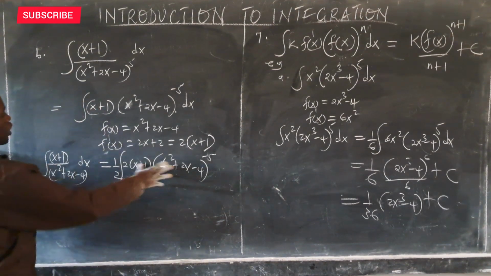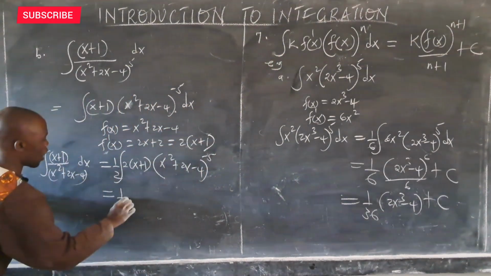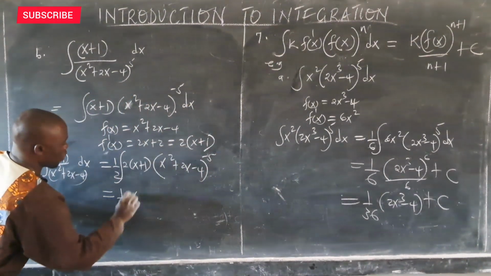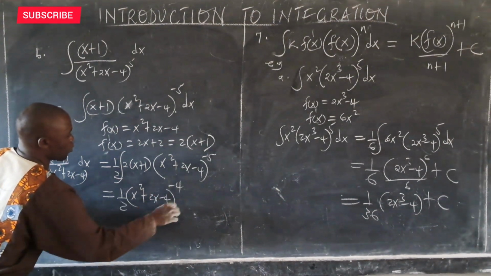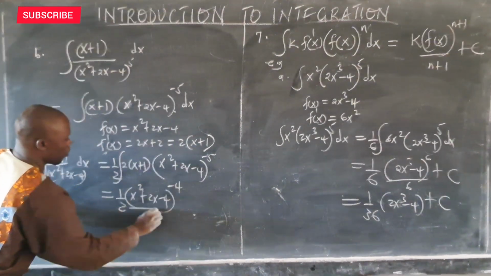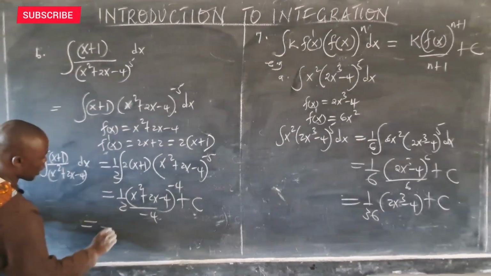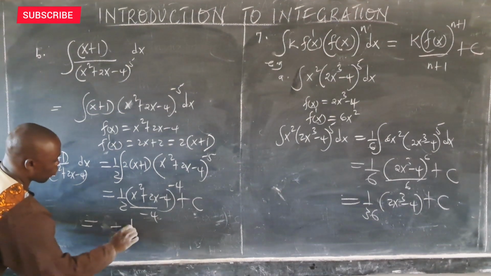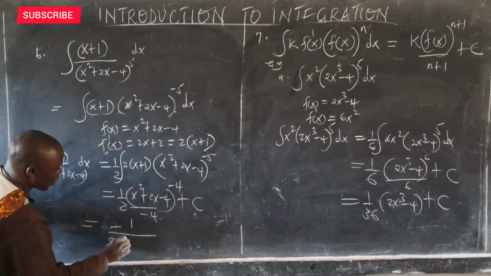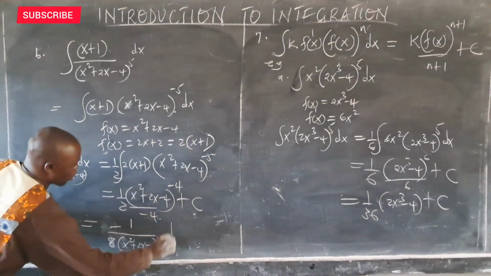So this whole thing is in the correct expansion of this. So it will be now a half, handle this, x squared plus 2x minus 4. Raise the power by plus 1, becomes negative 4 out of this plus a constant. So this finally becomes negative 1 out of 8 into x squared plus 2x minus 4, power 4 plus a constant.